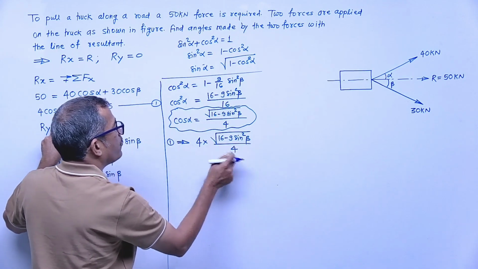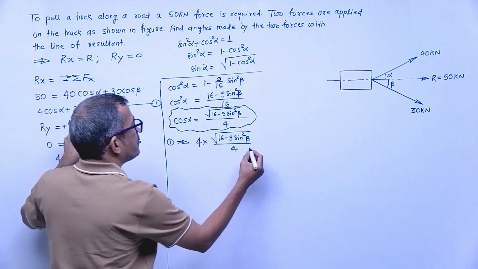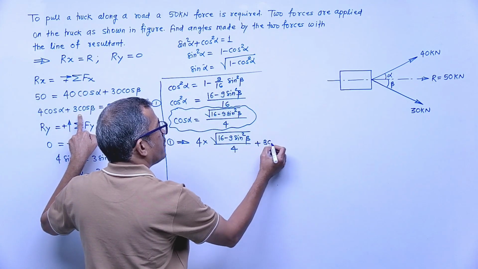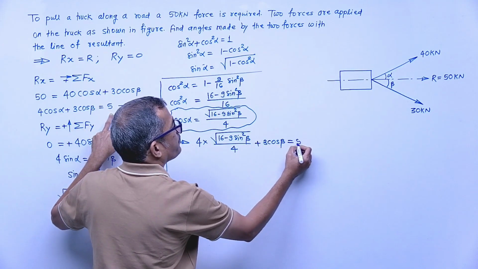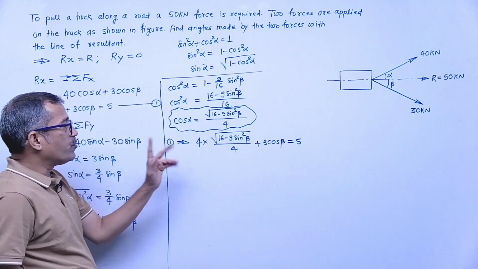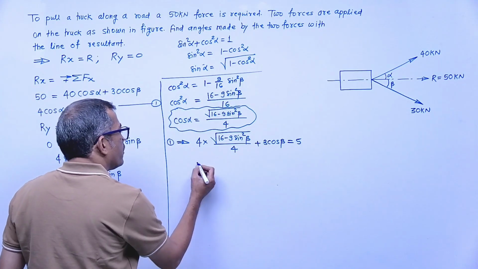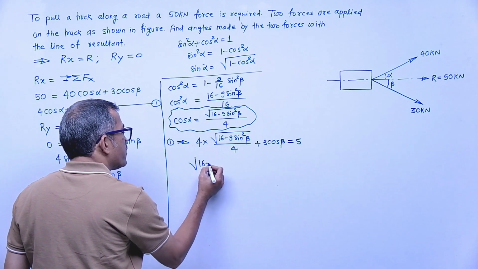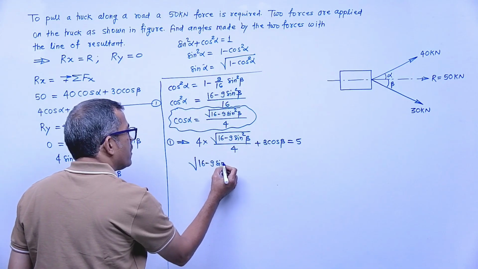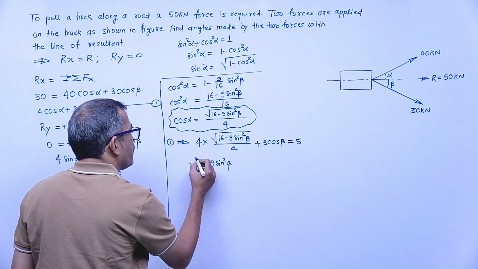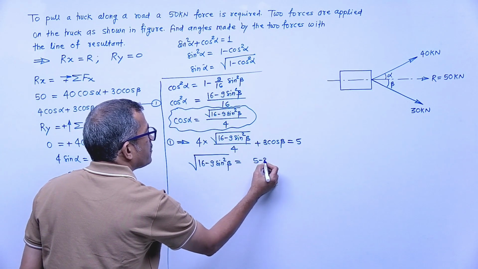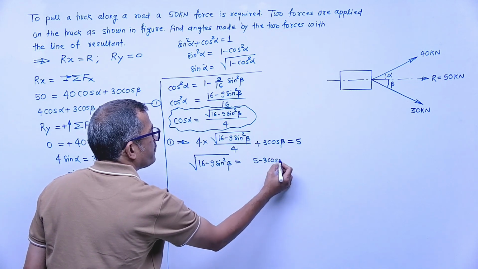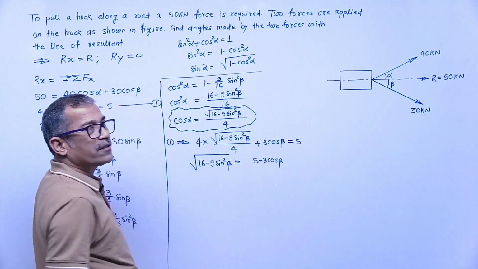So 4 cancels 4, right? Plus 3 cos of beta equal to what? 5. The 4 is gone, so what I'll do? Root of 16 minus 9 sin square beta is equal to 5 minus 3 cos beta.